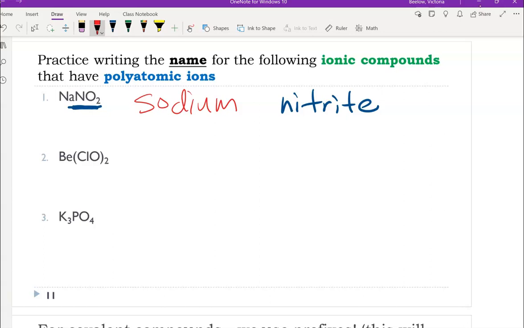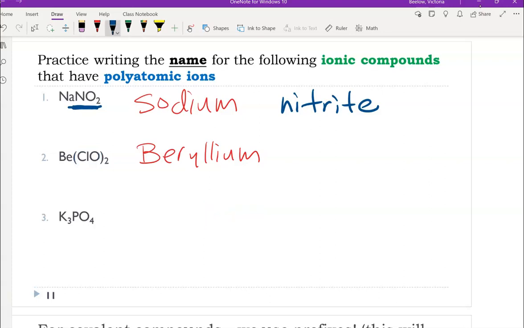Next, we have Be, which is beryllium, on your periodic table. Now, it's really important when you're looking at this, look at what's inside of the parentheses, okay? Because on the back of your periodic table, ClO2 is chlorite.